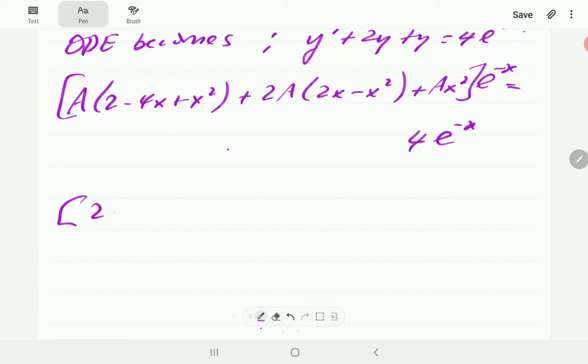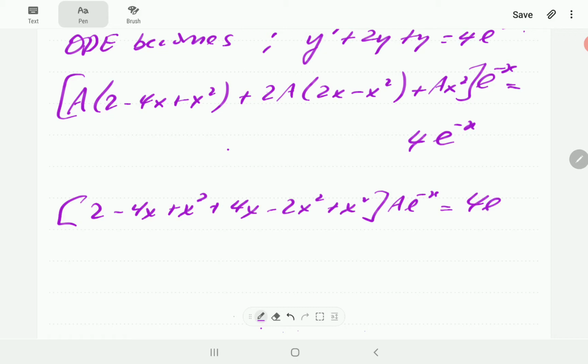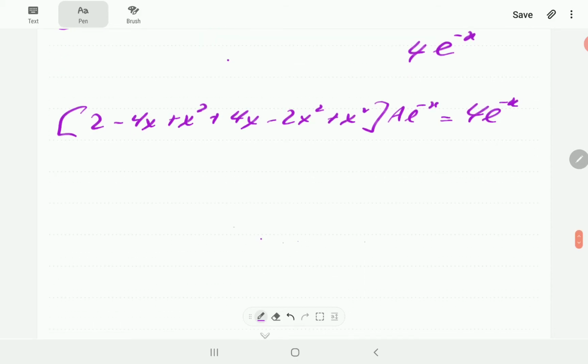So this is just going to be 2 minus 4x plus x squared. Then it's going to be plus 4x minus 2x squared and then plus x squared, times a e to the minus x, and that is the term on the left hand side.